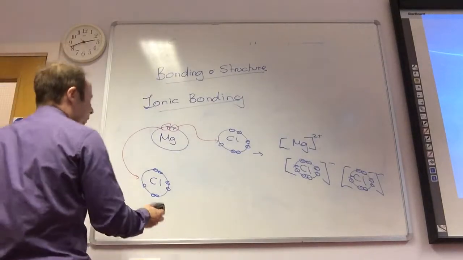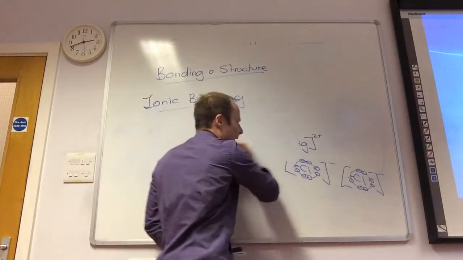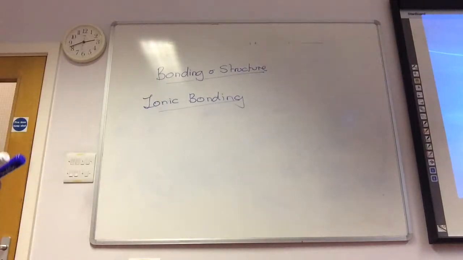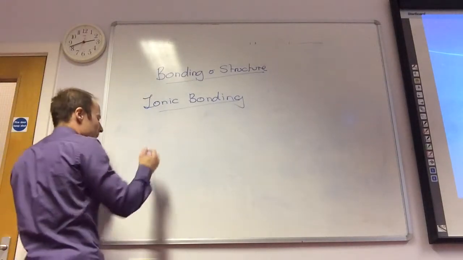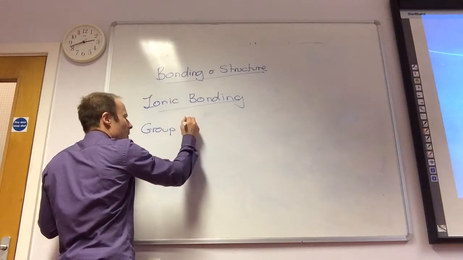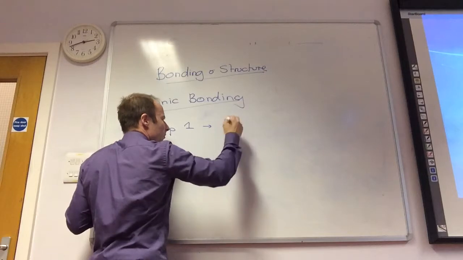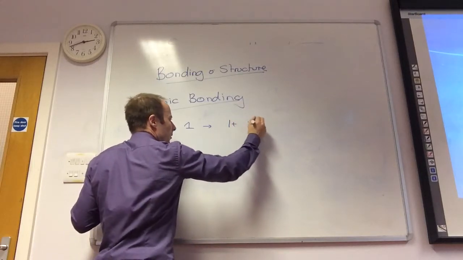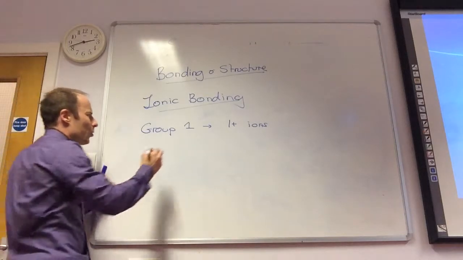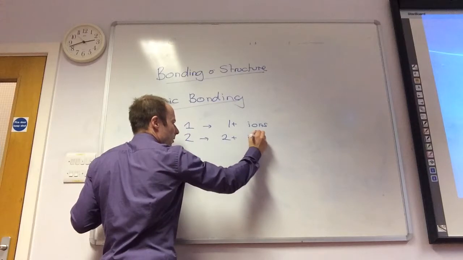Now, obviously, the key thing is you can work out the formulae of these. Remember, if you look at your periodic table, group 1 will always form +1 ions. It's only got 1 electron to lose. Group 2 is going to form +2 ions.